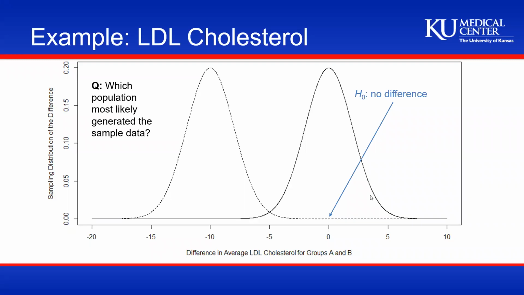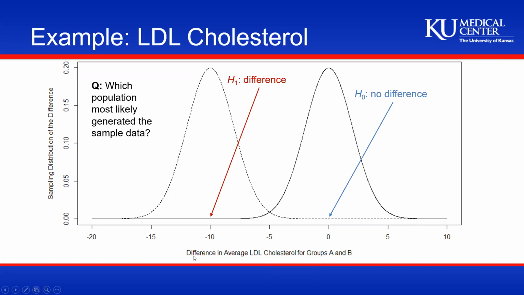We could also, unfortunately, if sampling variability has a big impact, get something way out here in a tail, something relatively large and in disagreement with the null hypothesis, again because of sampling variability. So this distribution represents the types of differences that could be produced by this experiment as a function of sampling variability. Most likely it'll be zero or somewhere really close to zero, but it's possible it could be out here in the tails. This other reality, which is dashed, looks just like the null, only it's shifted.